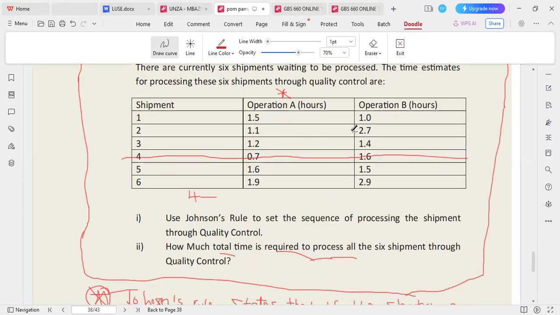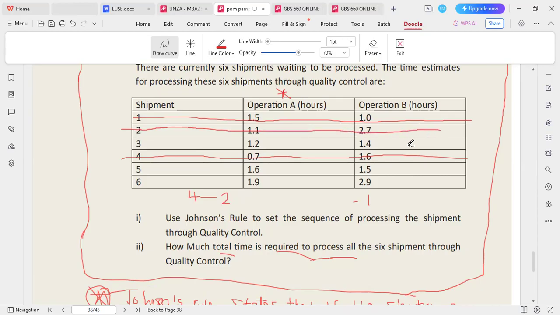Now 1.0 means you're going to do job 1 last, because it is in operation B. For the remaining times, the shortest time is 1.1. So job 2, an operation A, will be done after 4.